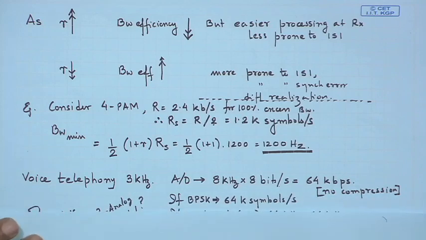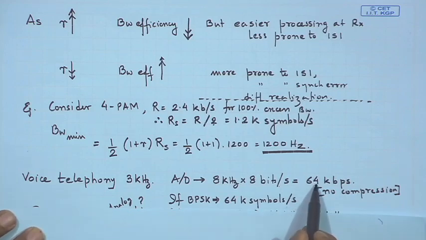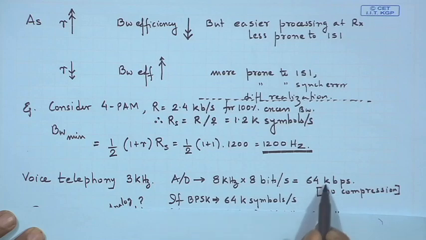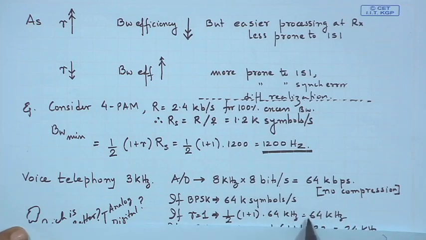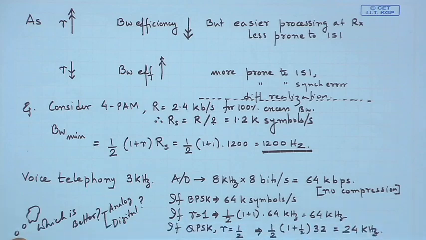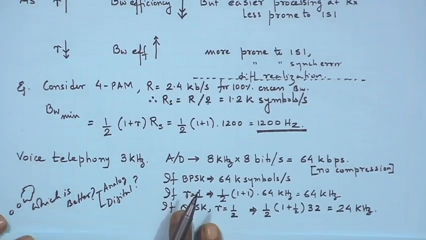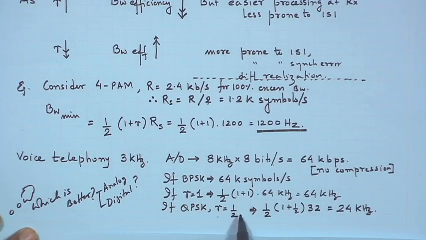So, if BPSK is used, that means binary PAM, then each bit is going to take a waveform and we will be using 64 kilo symbols per second, 1 bit per symbol. If r is equal to 1, that means the roll-off factor is 1, you are going to use 64 kilohertz by the calculations. If instead of using BPSK we go for QPSK, what we get, and we use r is equal to half, is 24 kilohertz.